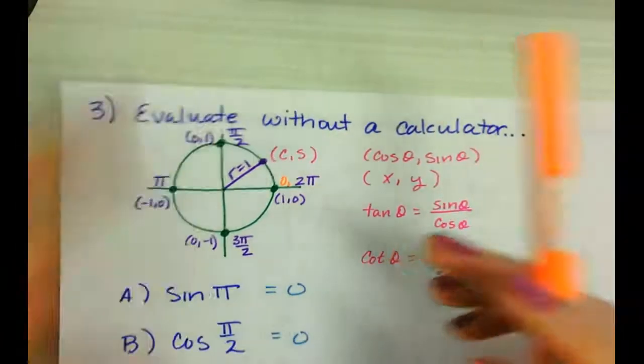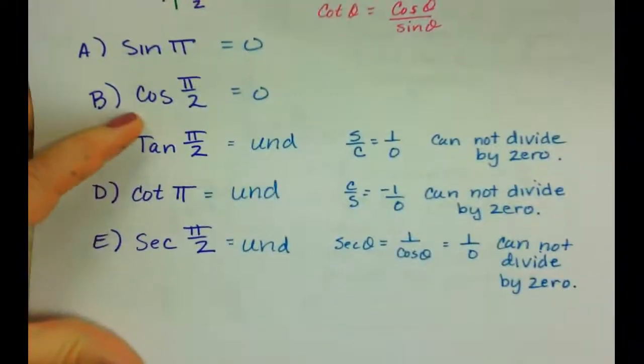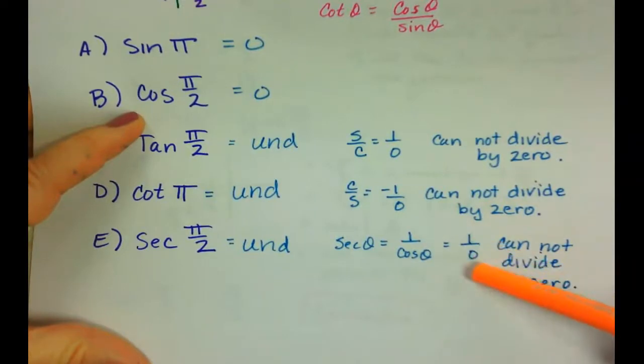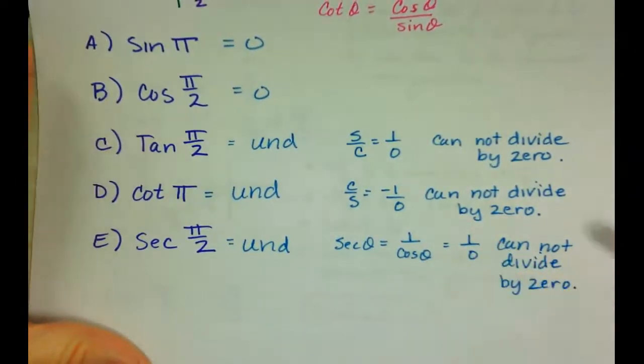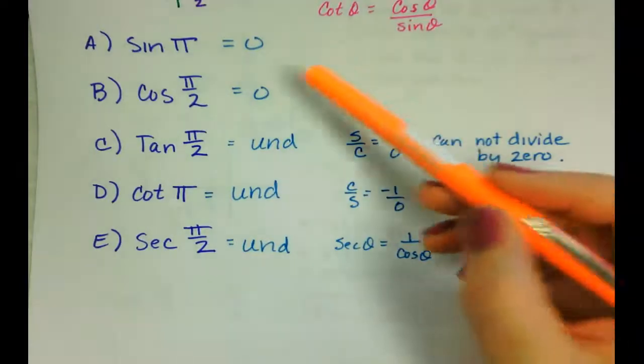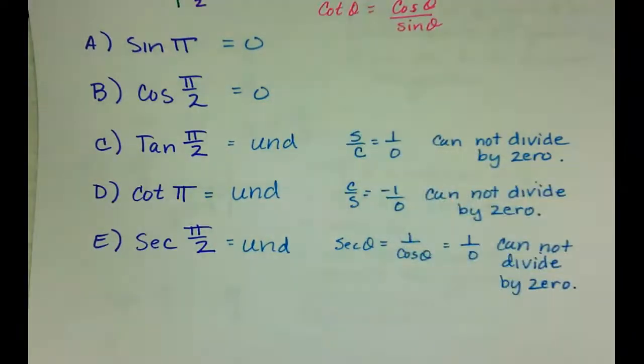So I'm just using that value. And then I run into the same situation again. 1 divided by 0. We can't divide by 0. So there are going to be times where you're going to have undefined values. There are going to be times where you can actually find a value like we did on the first two. So pay close attention to your quotient and reciprocal rules and make sure you are good to go.